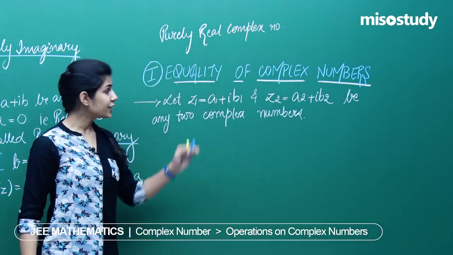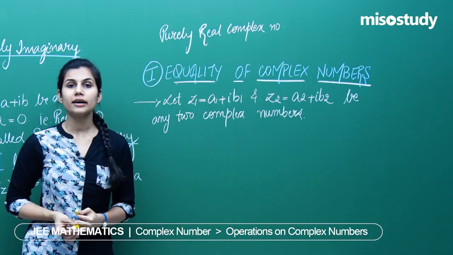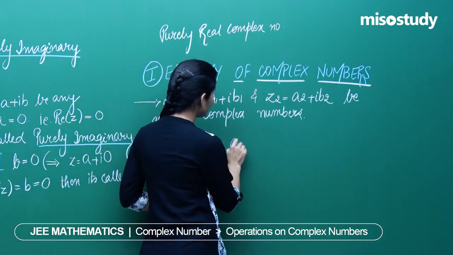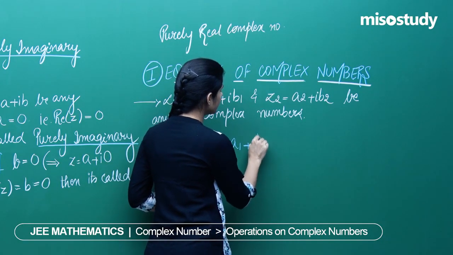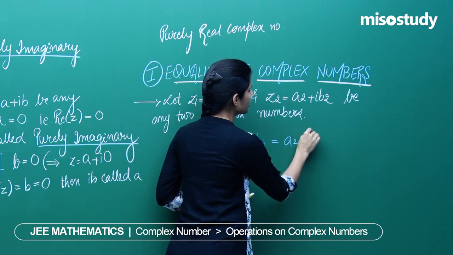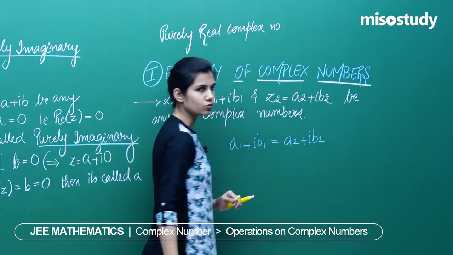When can you say that two complex numbers are equal? When can you say a1 plus iota times b1 is equal to a2 plus iota times b2?